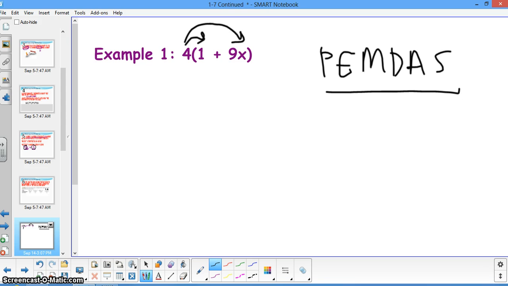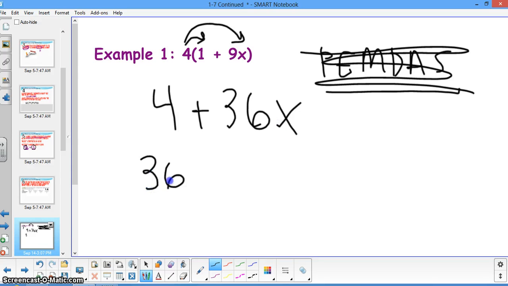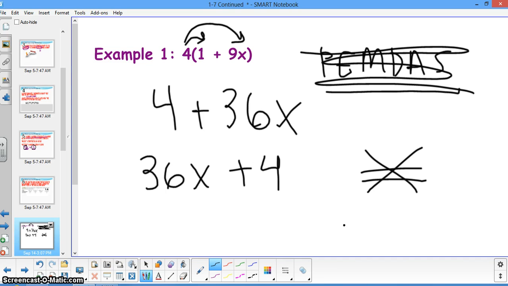That 1 plus 9 cannot be solved simply because the 9 has a variable x. Therefore, in this case, order of operations do not apply. So we need to distribute. We need to give that 4 to everything in the parentheses by simply multiplying. And in math, variables come first. And that is your final answer. There's nothing else to do because there is no equal sign. It's an expression.